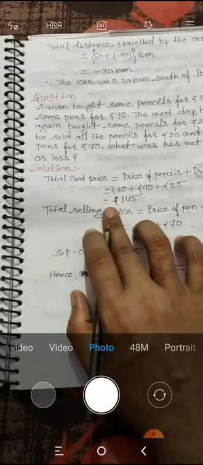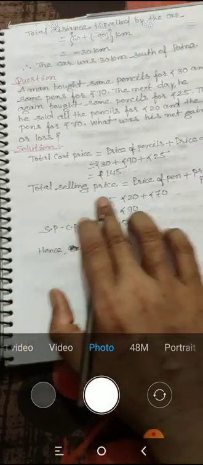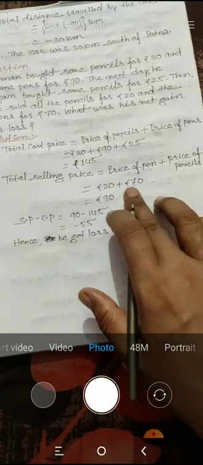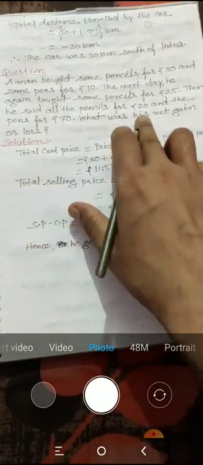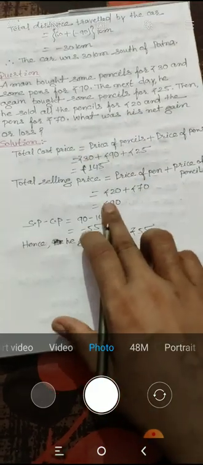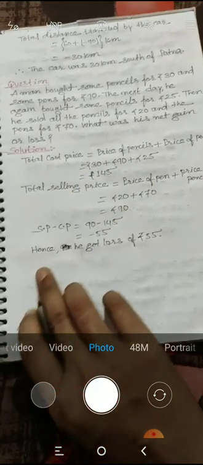All together how much is it? 145 rupees. Now the total selling price. Both the articles were sold at 20 rupees and 70 rupees, so 20 plus 70 equals 90 rupees.